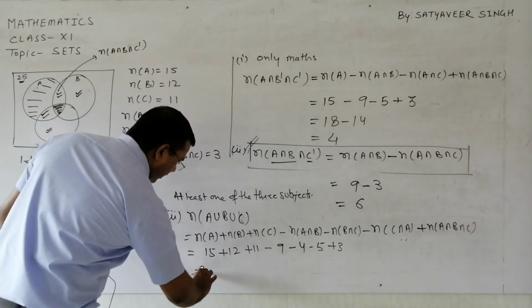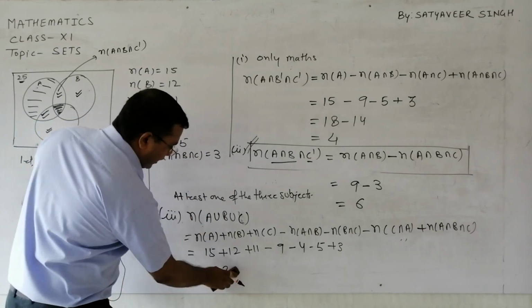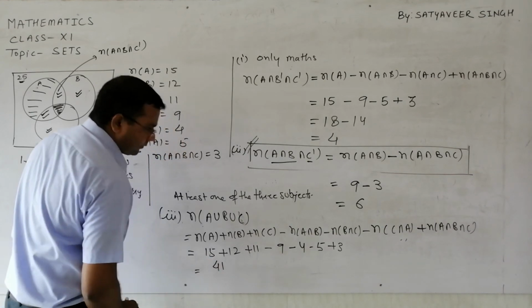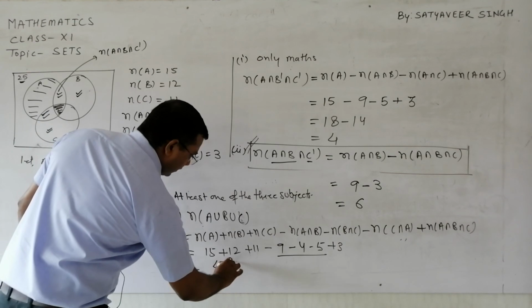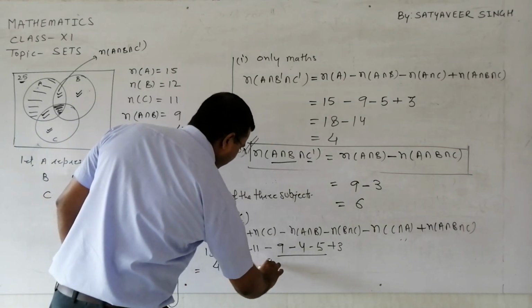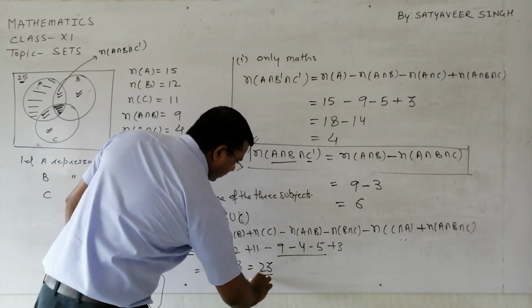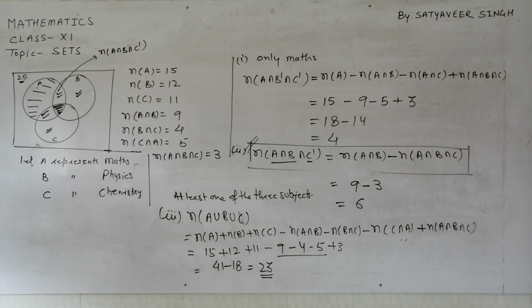This is 38. 38 plus 3 we can write directly here, it is 41, and here if you add them up, it is 18. So minus 18, it is 23. So there are 23 students who like at least one of the three subjects.